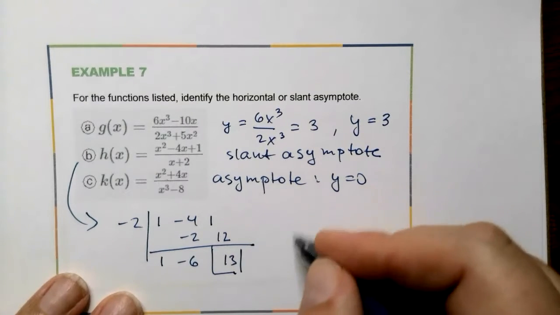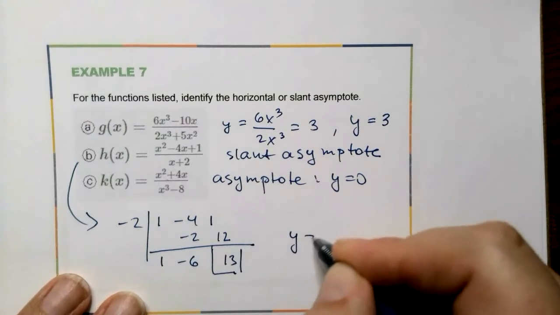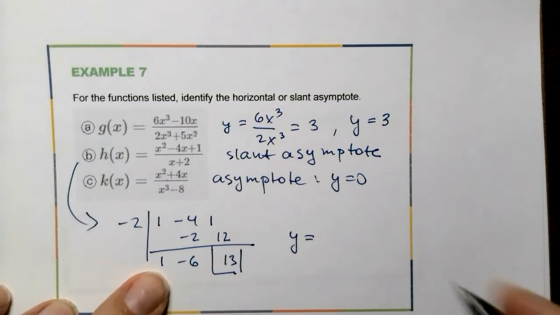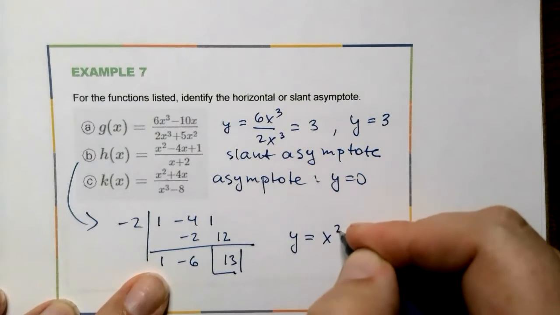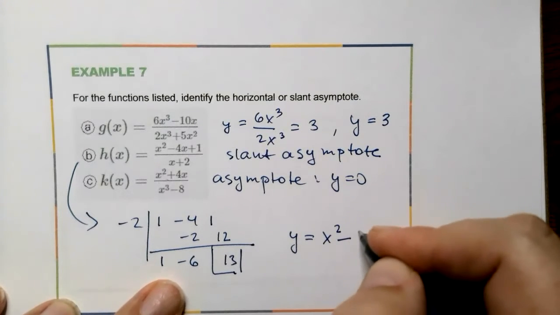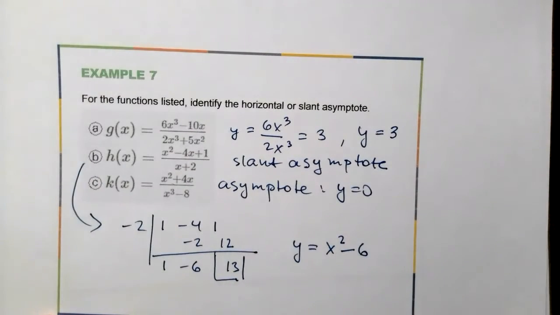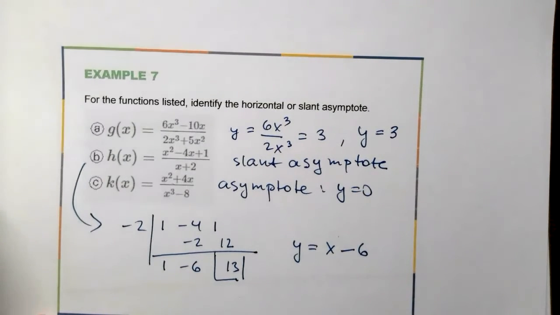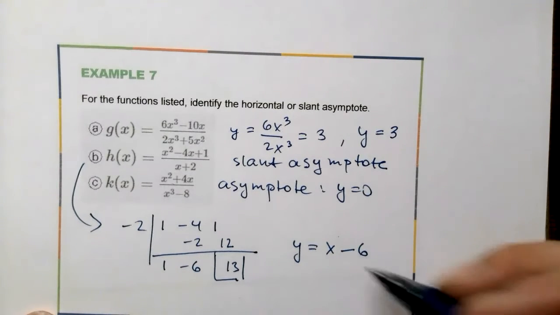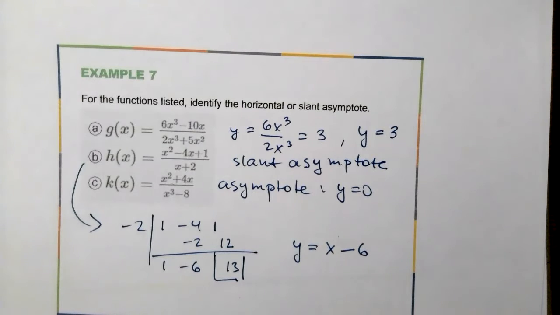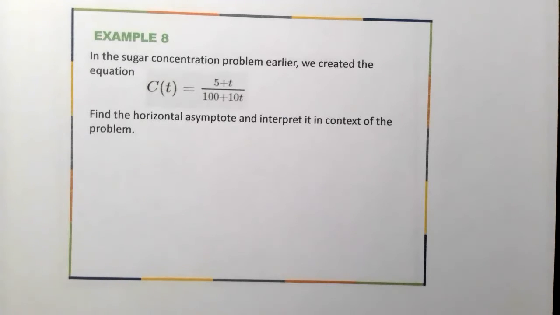It does not affect our graph at all. So the asymptote is x minus 6, no square, just a first degree polynomial. It's a line.